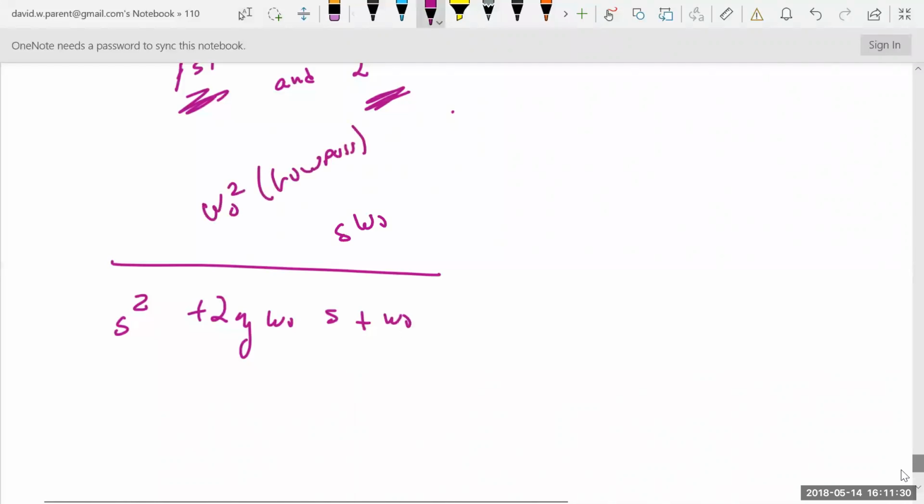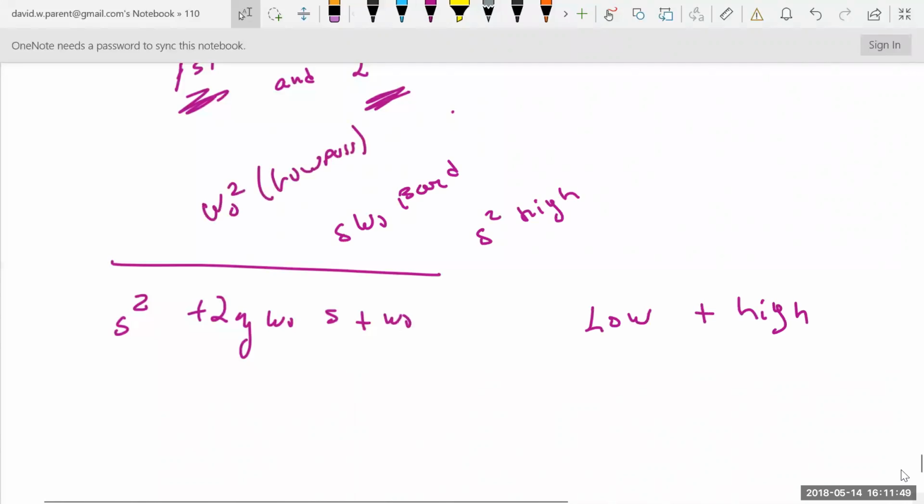S omega naught, band. S squared, high. Low plus high, notch.